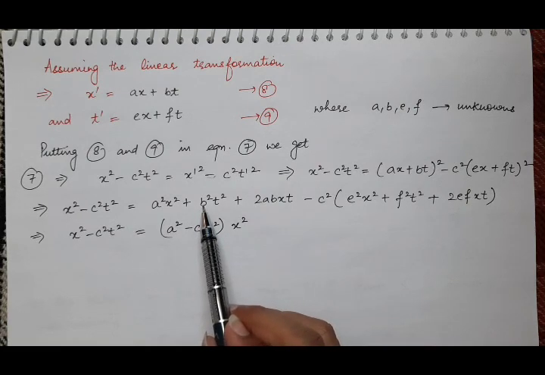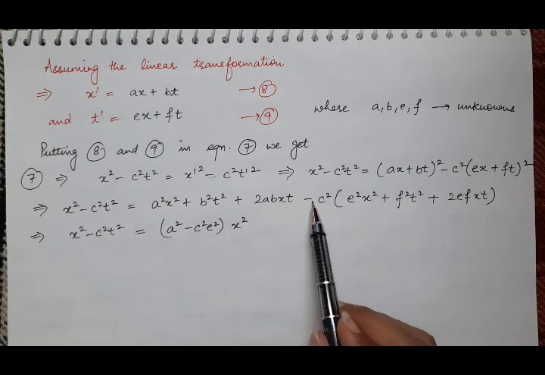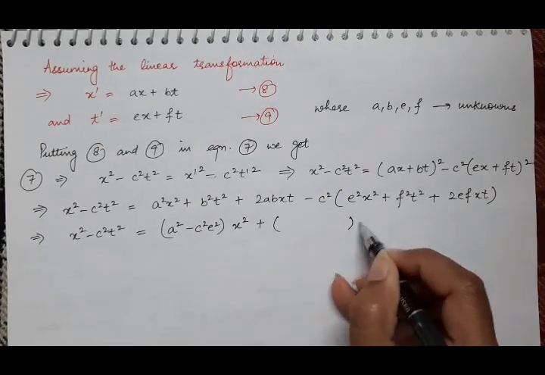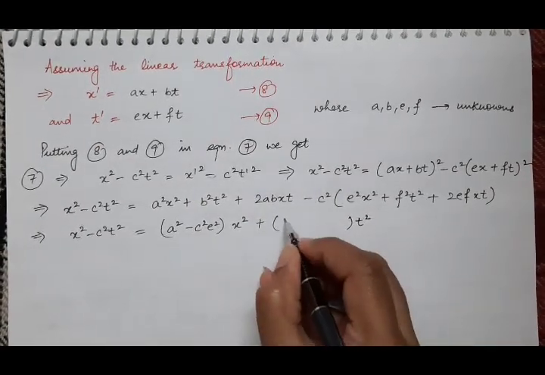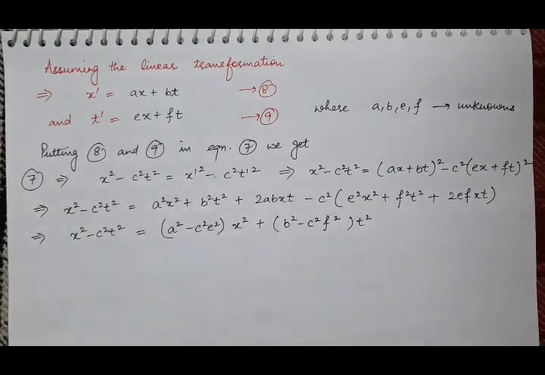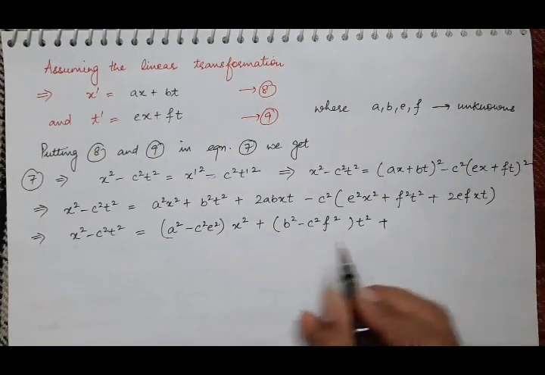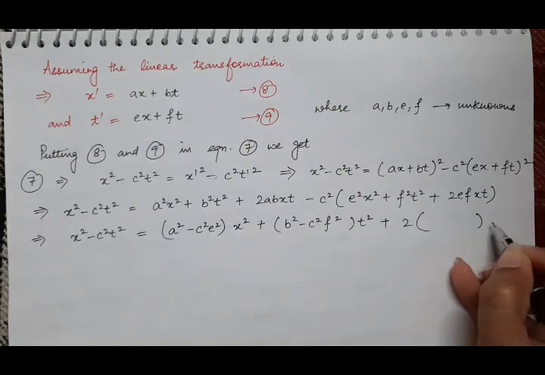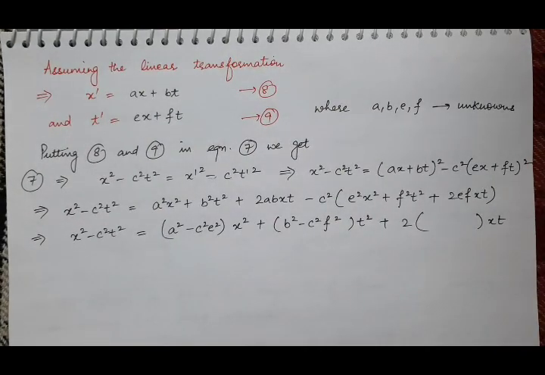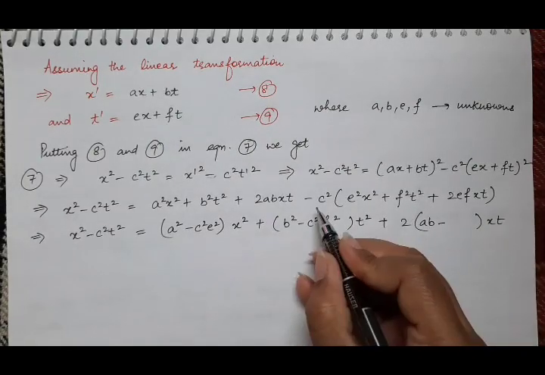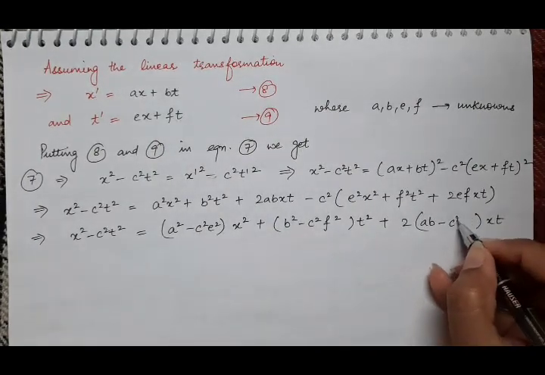Then here we have b square t square and minus c square f square t square. Again taking t square common, inside the bracket we have b square minus c square f square. And in the last term we have 2 common and xt common, and inside the bracket we have ab minus c square into ef.